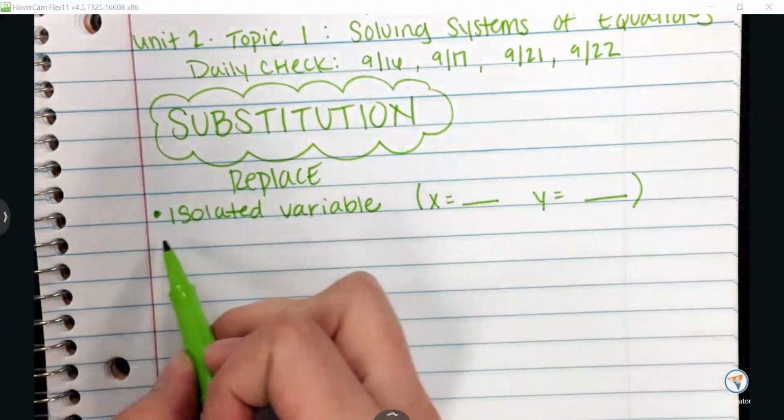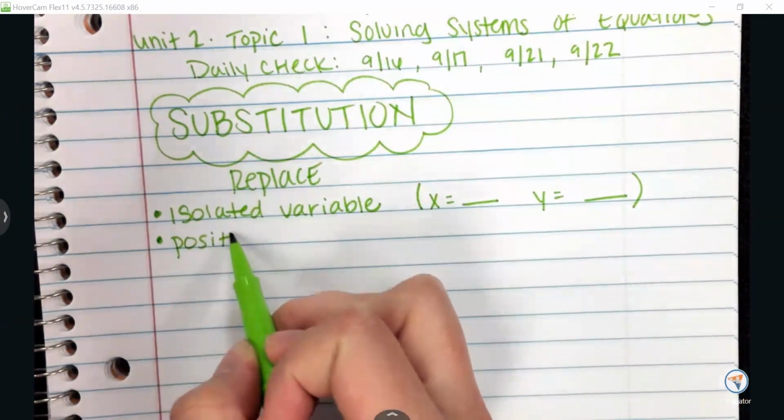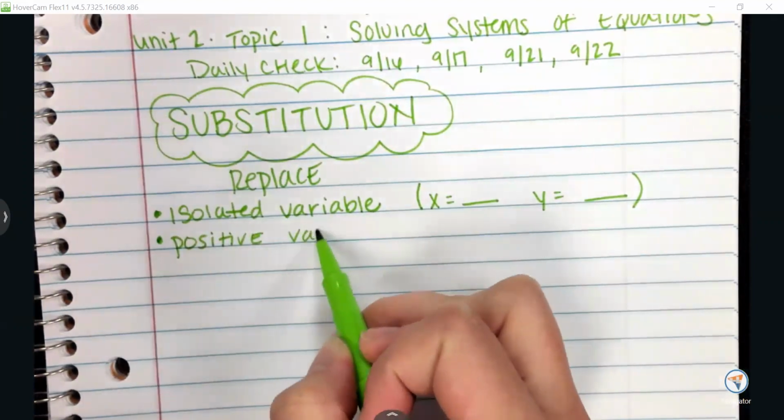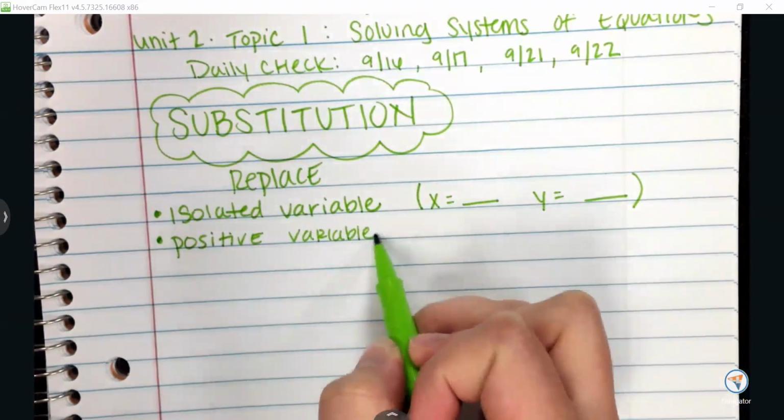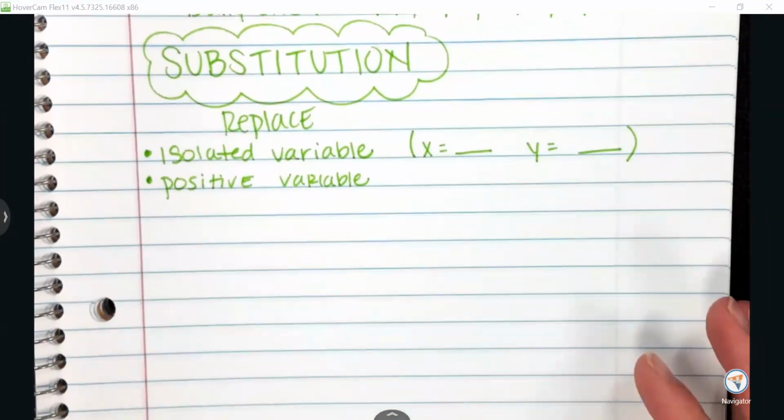The second thing I want to make sure is that I have a positive variable. So I can't have negative X equals something. It just has to say positive X equals something. Okay. We're going to work one problem out together. Then you're going to try to work one on your own.